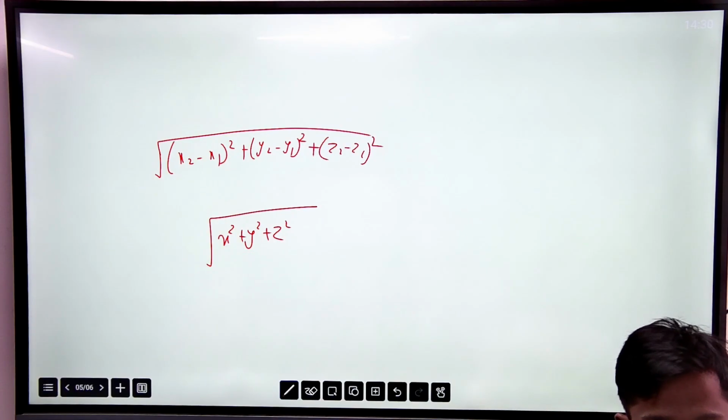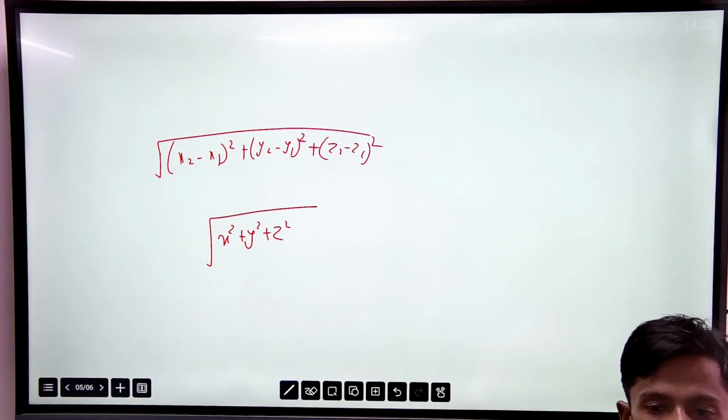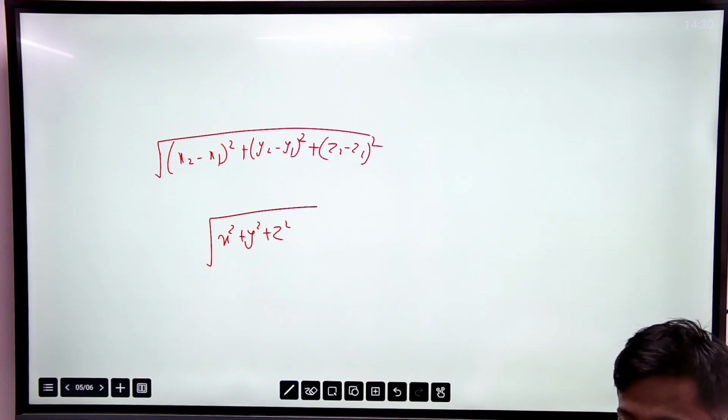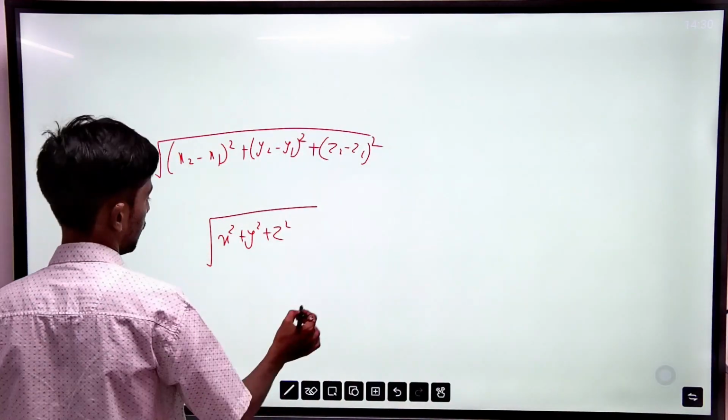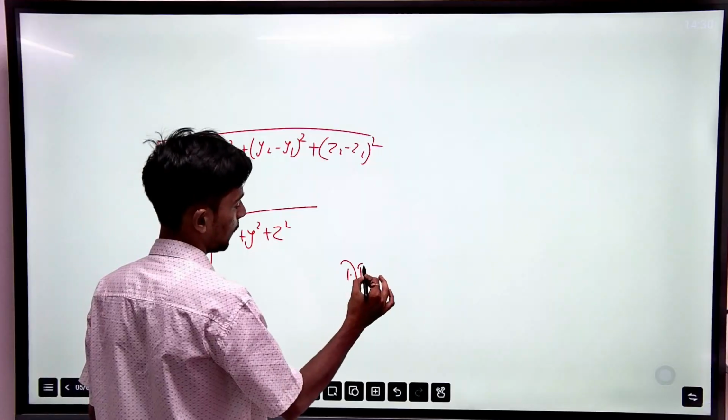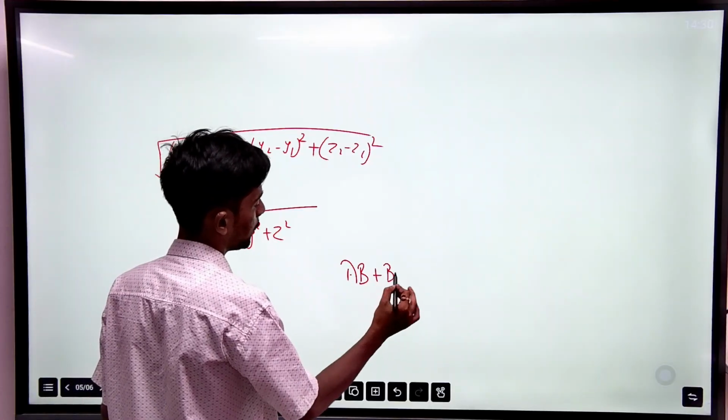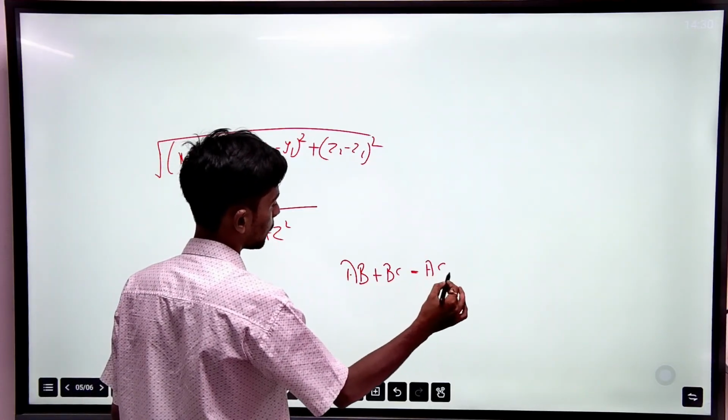Now right after that, if 3 points are collinear, then AB plus BC should be equal to AC.